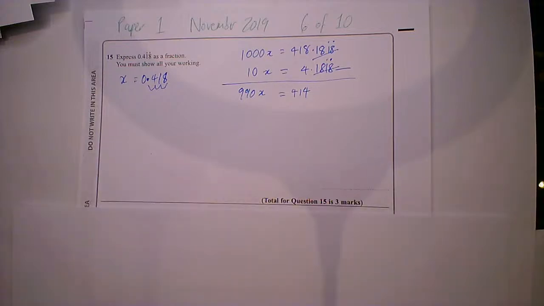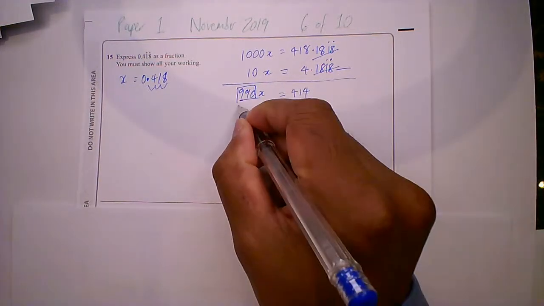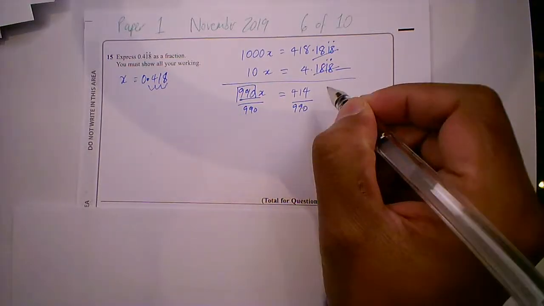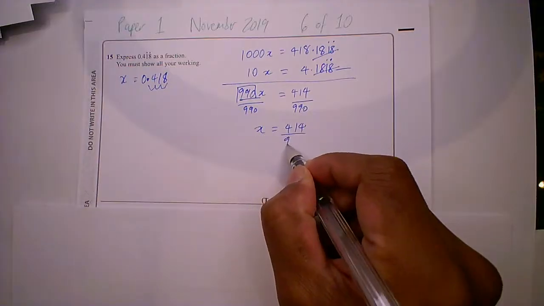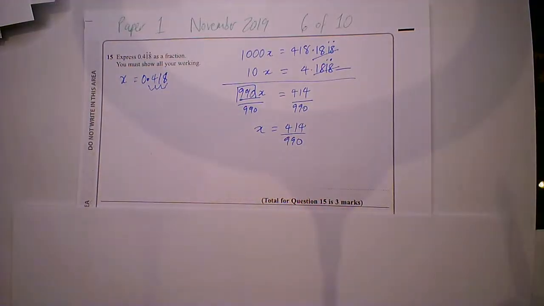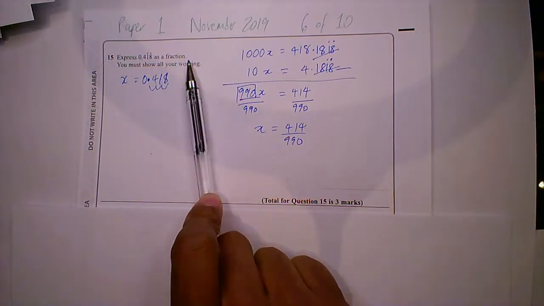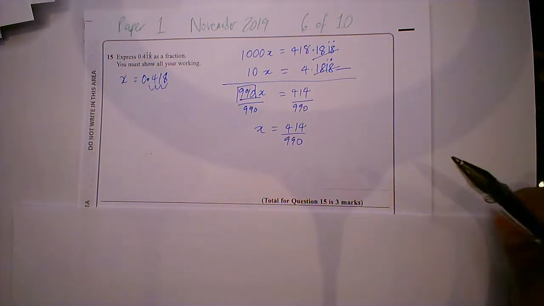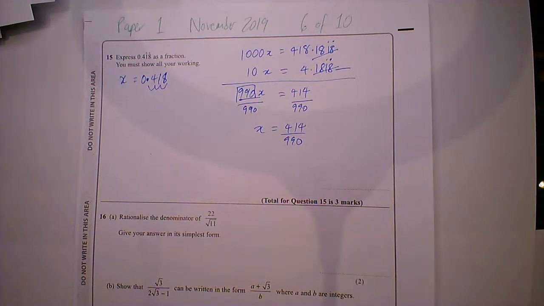Now I divide both sides by 990, x equals 414 over 990. Let me read the question. Express as a fraction. We don't need to simplify, so I'm going to stop there. You can see this question in a way is easier than the other questions, but this is how it is. Well done if you got that correct.